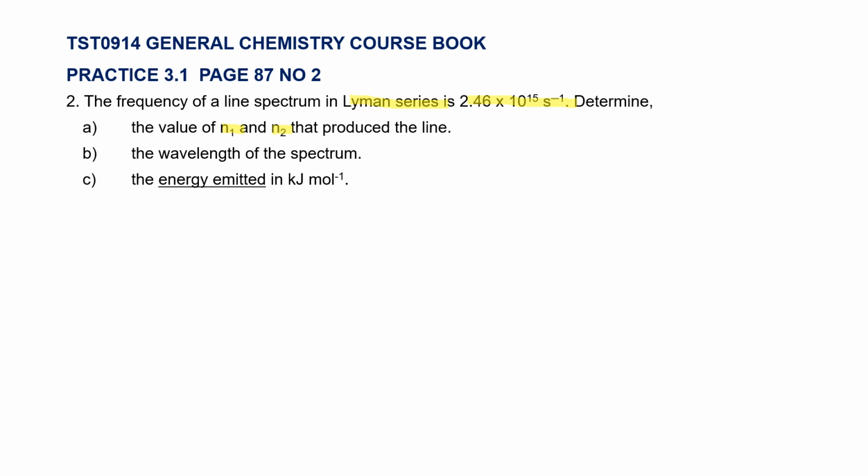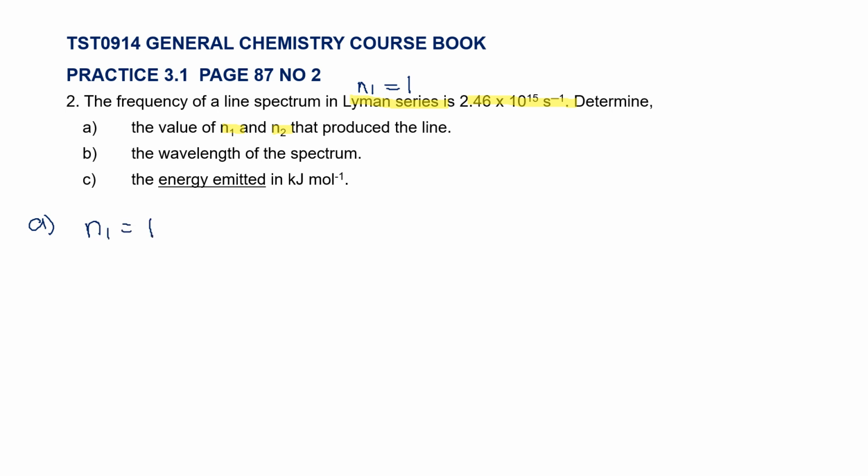Firstly, for Lyman series, N1 equals 1. For part A, how to calculate the value of N2? For Lyman series, N1 is 1, the ground state of Lyman.